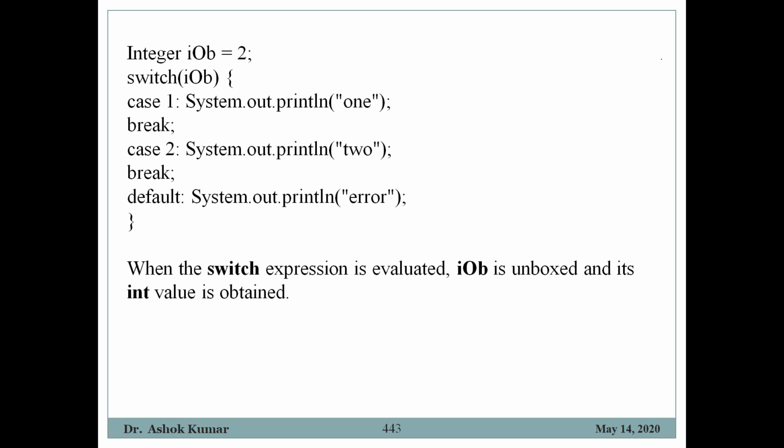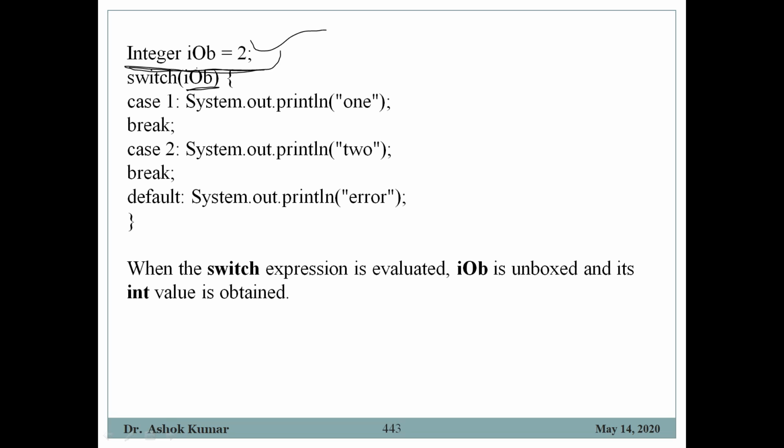Again, I have shown you another statement where the unboxing operation is performed. In this case, we are building the integer type object from the fundamental type. So here auto boxing will happen as we discussed earlier. Then notice that we are using the integer type object in the switch directly.